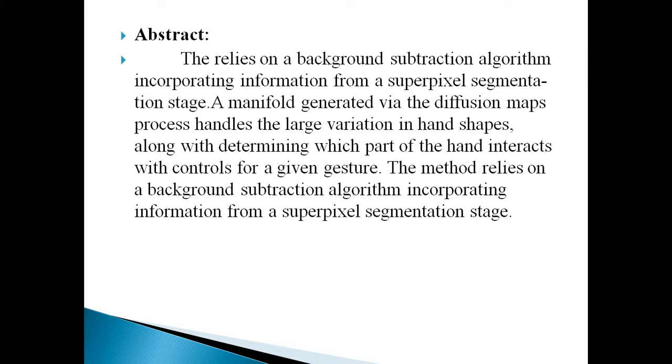When the intensity of the green pixel is increased, it is determined as superpixel segmentation, and a manifold generated will be diffusion maps and process handle the large variation in the hand shape. The hand shape of the driver will be processed with the manifold generated.